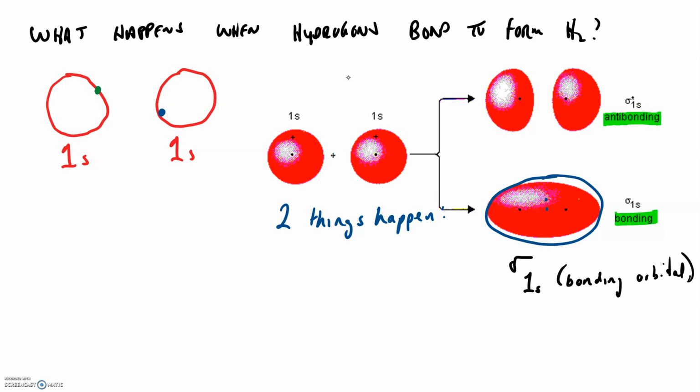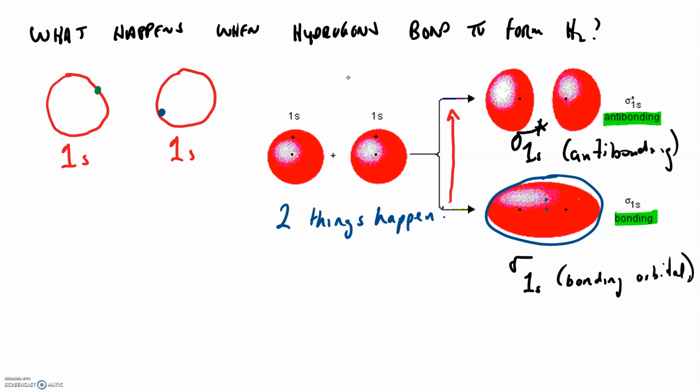And because it makes things harder, it's higher in energy. So notice that in this diagram, the anti-bonding version is slightly higher. We're going to call it the sigma 1s star, or sigma star 1s. It's the anti-bonding version between two 1s orbitals.